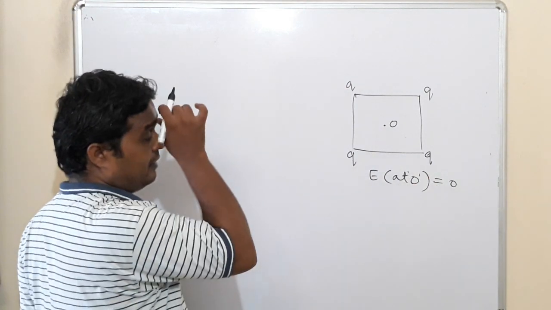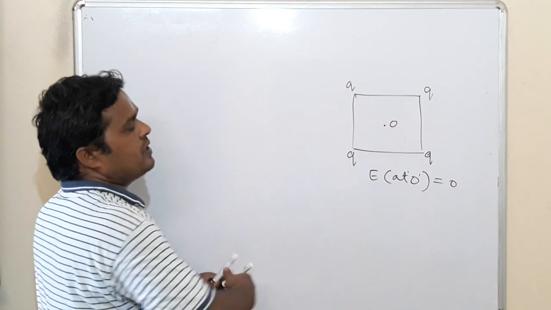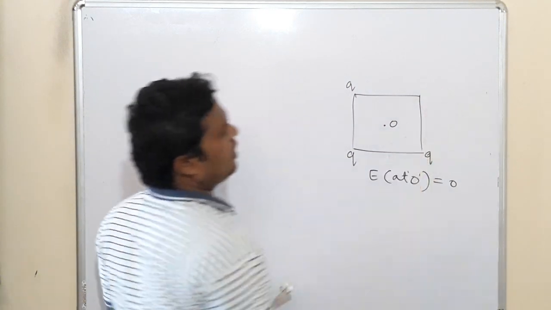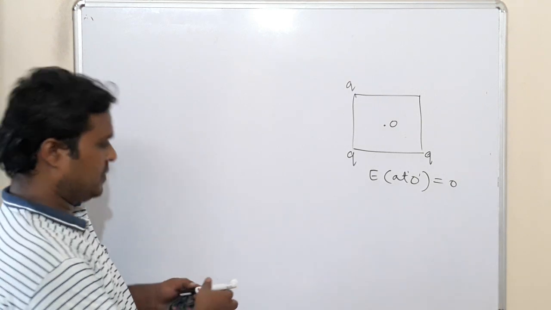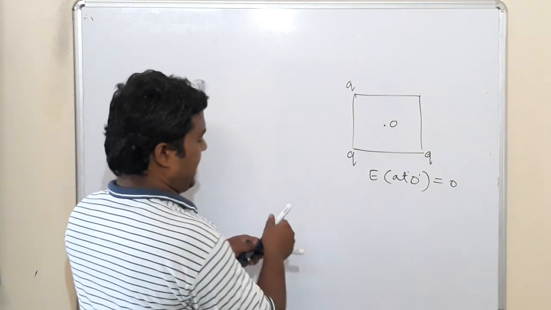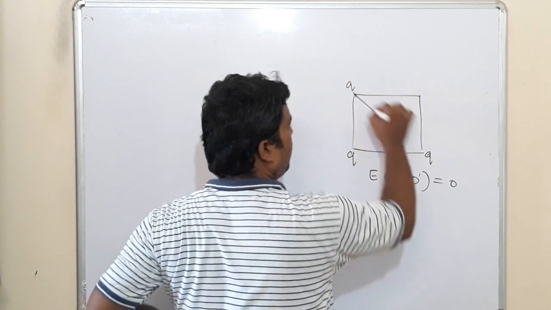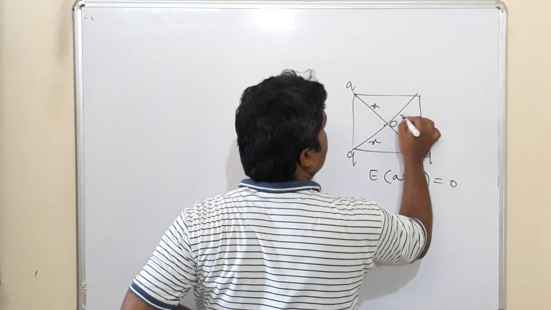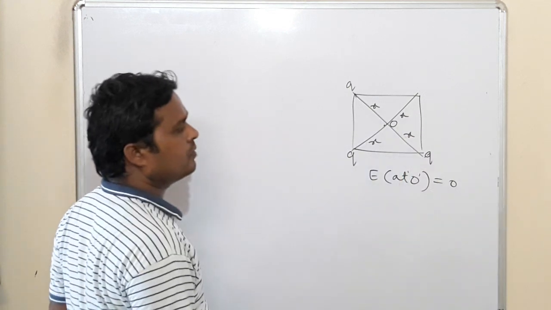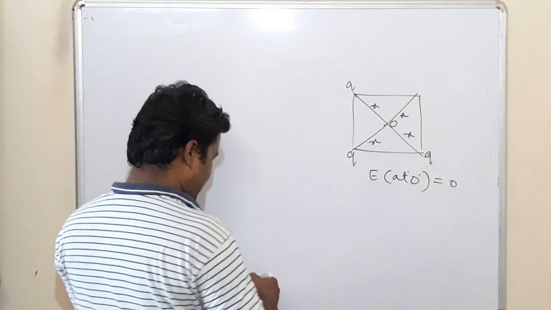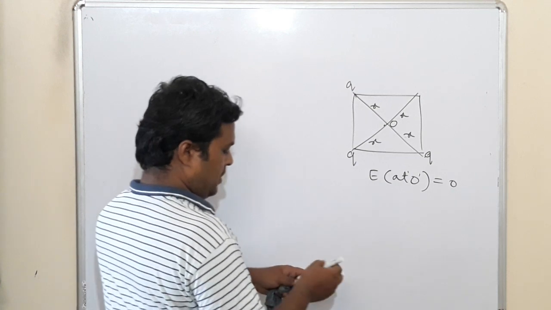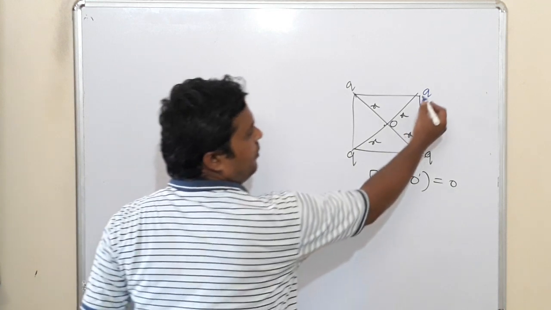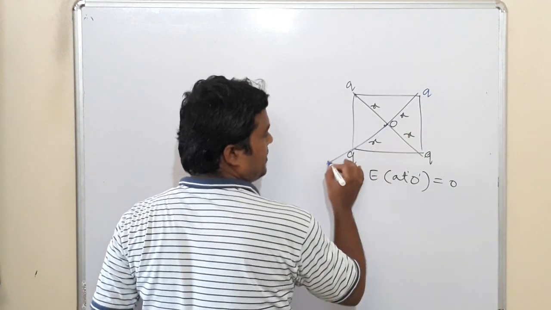Okay. Then if I remove one of the charges, then what will be the electric field? See, if this distance is x, if this charge is present, then it will make electric field at the center in this direction.